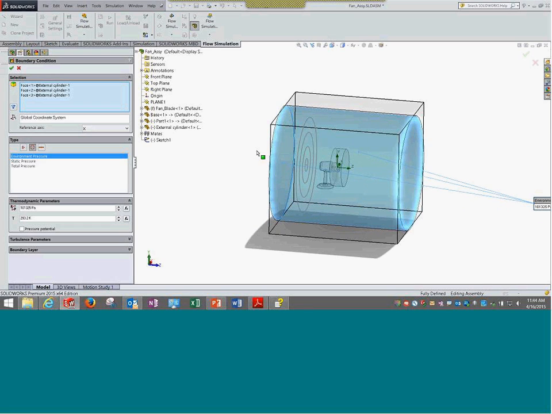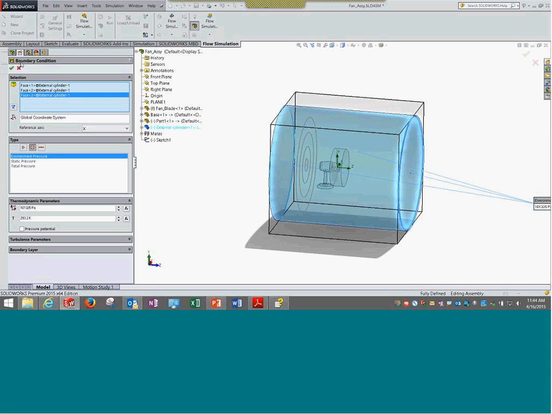So this is an interesting example: if a certain condition has to be translated from an external flow to an internal flow, you can also use this approach. Here, instead of a square, we are using a cylindrical domain. That's fine to do.